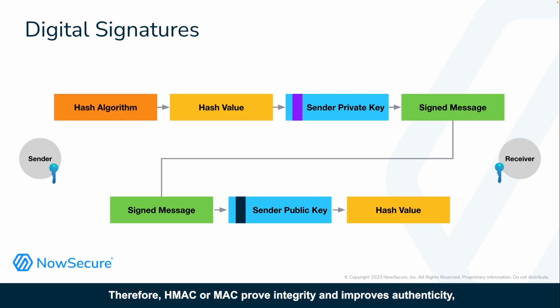Therefore, HMAC or MAC prove integrity and improves authenticity, but it does not prove non-repudiation, meaning it does not unequivocally prove you are who you claim to be. Digital signatures built on HMAC by adding that proof.